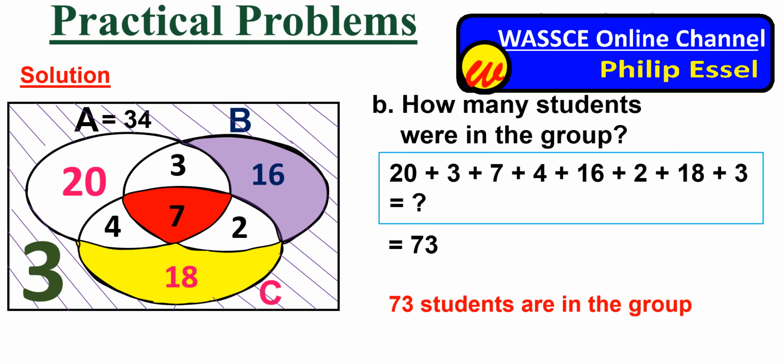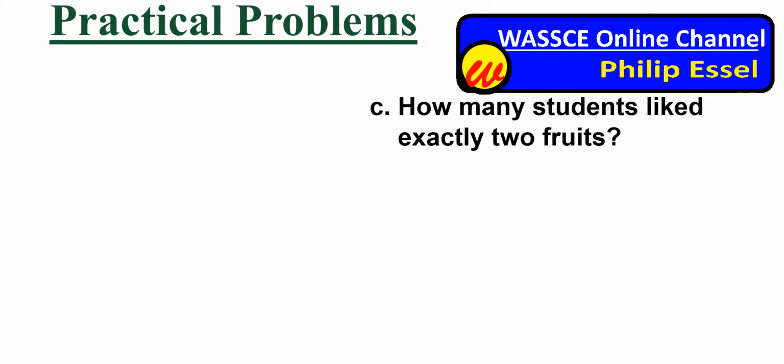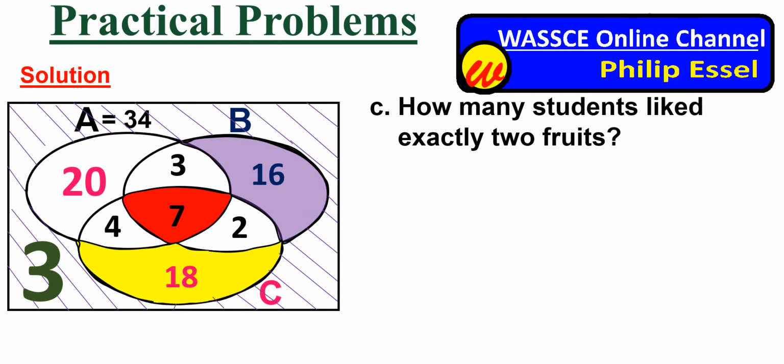Let's look at our next question. This question is asking us how many students like exactly 2 fruits. Our solution: first we'll draw our Venn diagram. We would then identify the various regions of this Venn diagram where students liked exactly 2 fruits.